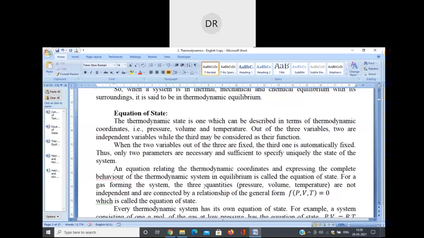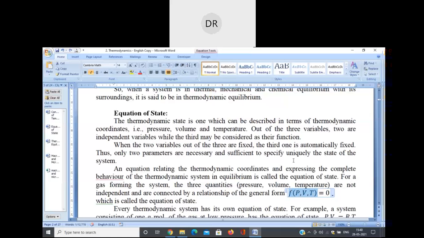Here, in general, the parameters used to describe the state of a system are pressure, volume, and temperature. Sometimes entropy may be included. This is the equation f(P, V, T) = 0. So a state of a thermodynamic system is described by using three variables: pressure, volume, temperature.